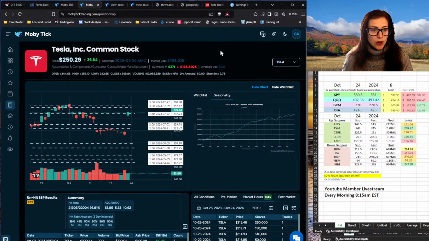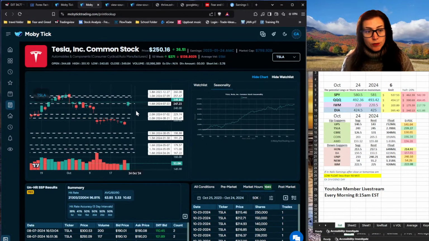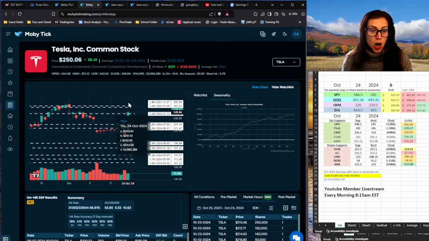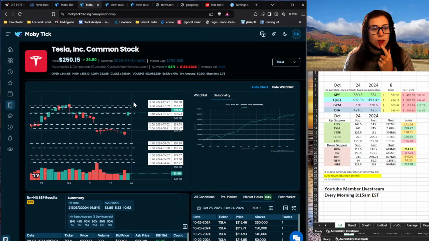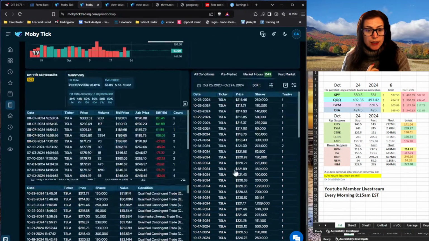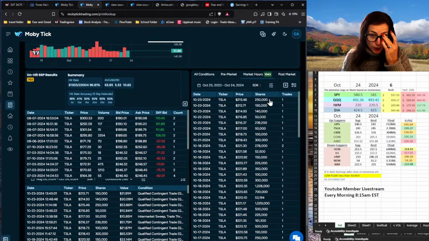Let's check this out. We have these big trades. You can see these trades have been 3.8 million shares, 3 million shares, 1 million shares, right? So you're looking at it and you go, okay, well, right now we're in between all of these. Tesla right now, it looks like most recent trades have been 250,000 shares at 215.